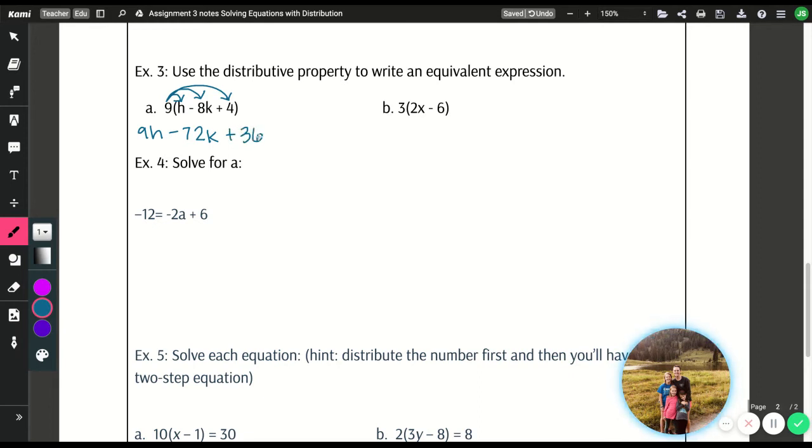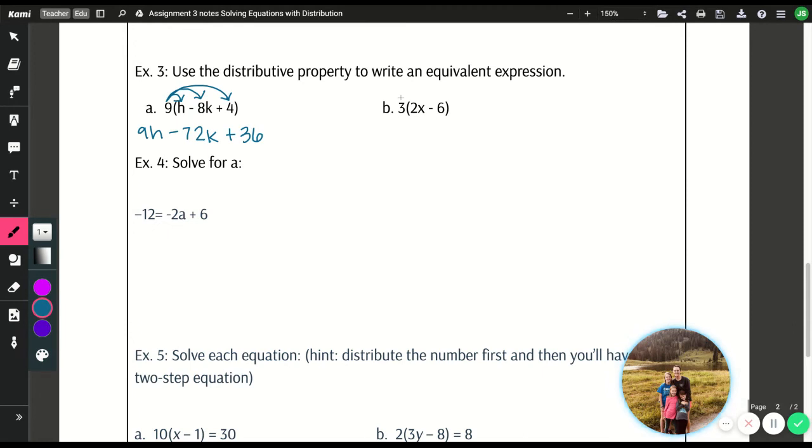So this would be a great place for you to pause the video and try an example. Just like we would do in class, I would have you try something and then we would come back together and do it together so you could see how you did. If there's any errors, try to see where it went wrong. So maybe pause the video, try this one, and then start it again and you can check to see how you're doing.